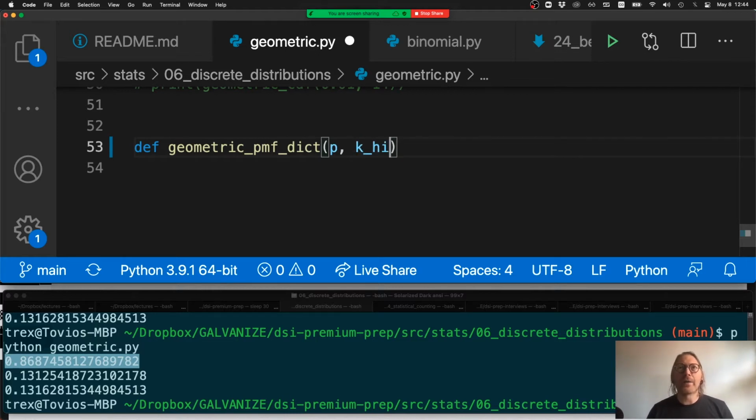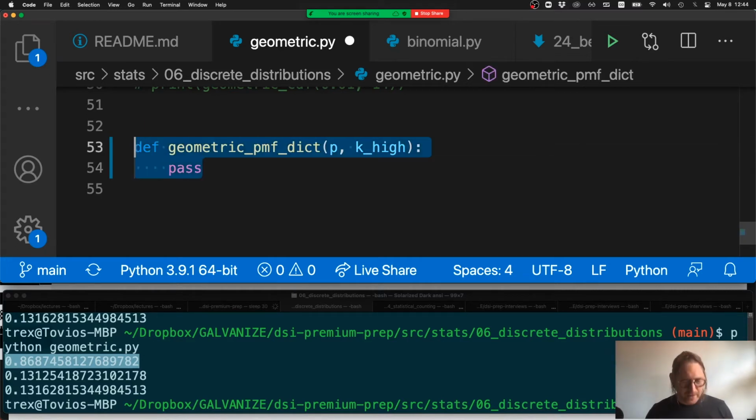We've got k high. So what this should return is a dictionary where the keys are values of k, and the values are, of course, probabilities of it taking that number of trials to get a success. Okay? So I'll put this in the Slack.